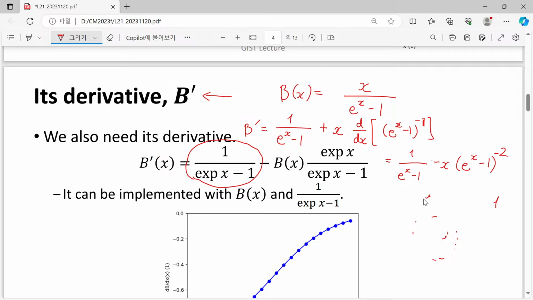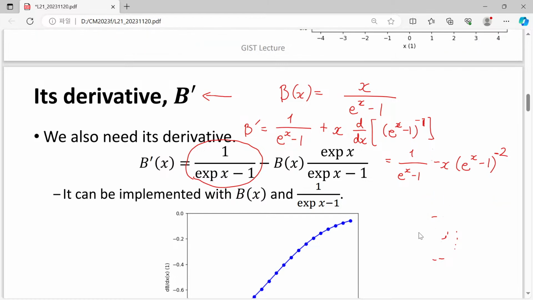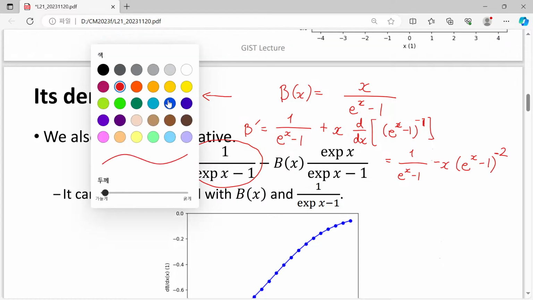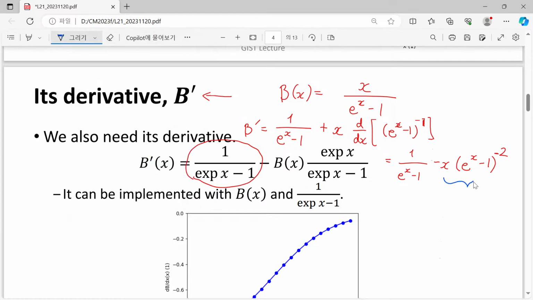Once we have this form, we can easily understand x times (exponential x minus 1) inverse is corresponding to our original Bernoulli function. So this function can be once again written as the Bernoulli function itself times (exponential x minus 1) inverse.